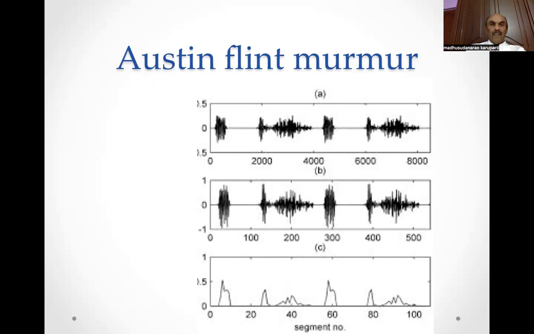Then turbulence is generated in the narrowed mitral valve, resulting in a mid-diastolic murmur. This is named the Austin Flint murmur. Simply said, it is a mid-diastolic murmur in patients with severe aortic regurgitation, heard at the mitral area.